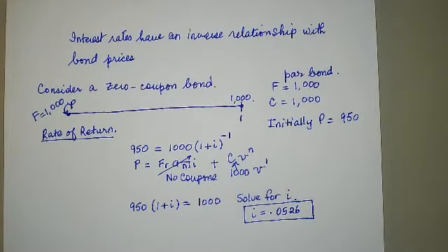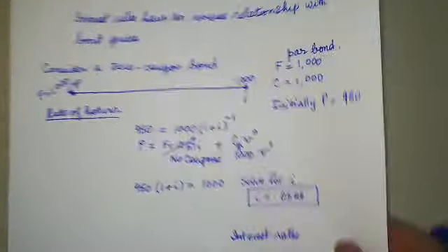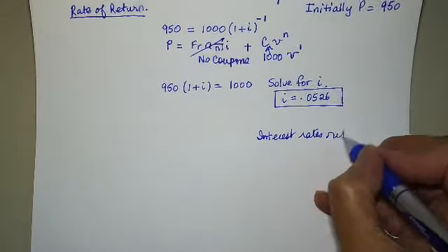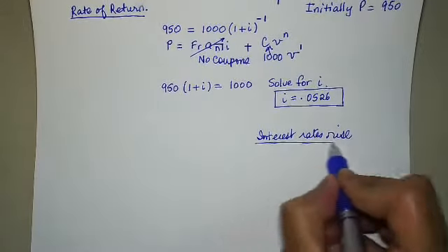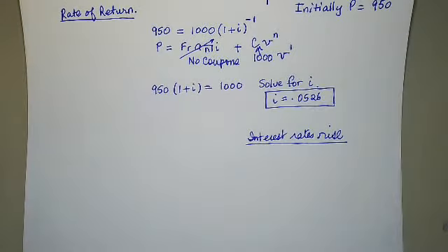Now, I'm going to raise interest rates. Now, interest rates go up in the market. Interest rates rise. What do you think is going to happen? That means that outside, people can get 10% now. This bond is paying 5%.